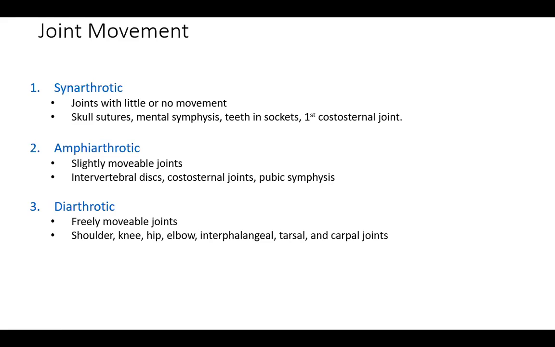So this is the movement. Synarthrotic, immovable: think of the sutures in the skull. Amphiarthrotic, slightly movable: think of the rib bones articulating against the sternum. And diarthrotic is everything else, the freely movable stuff.